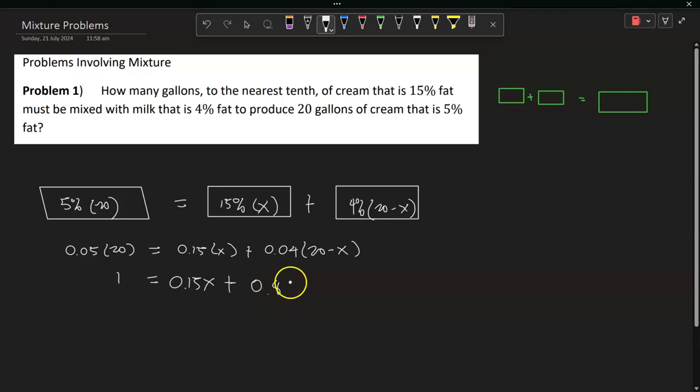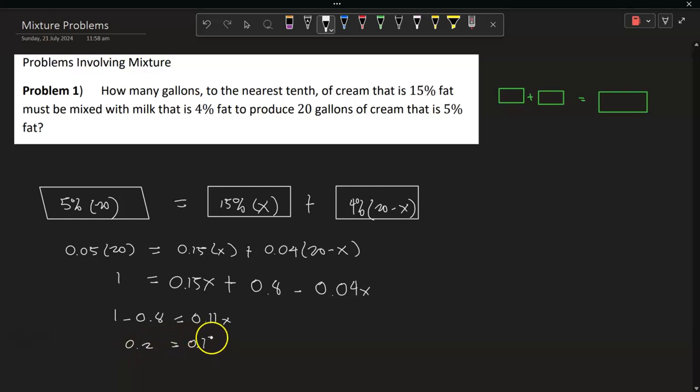0.8, and then minus 0.04X. Then we simply combine like terms. So we do 1 minus 0.8 equals, what is 0.15X minus 0.04X? This is just 0.11X. Simplifying further, this is 0.2 equals 0.11X.